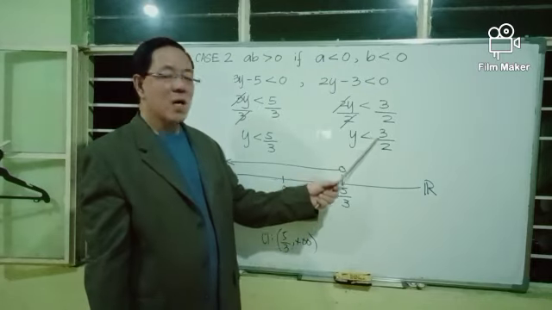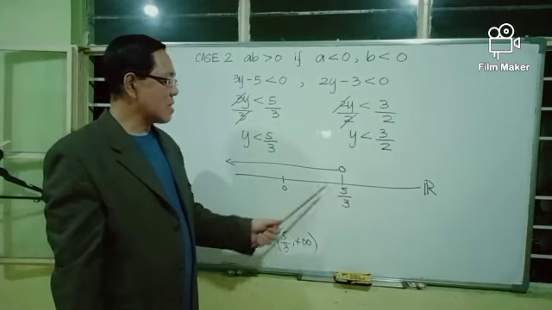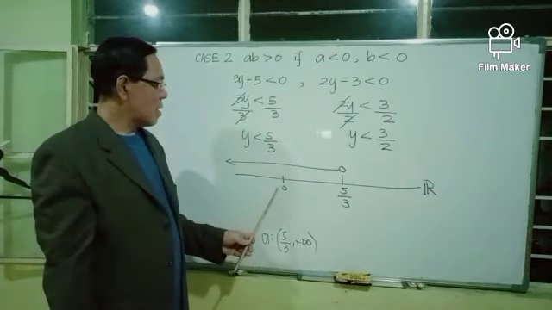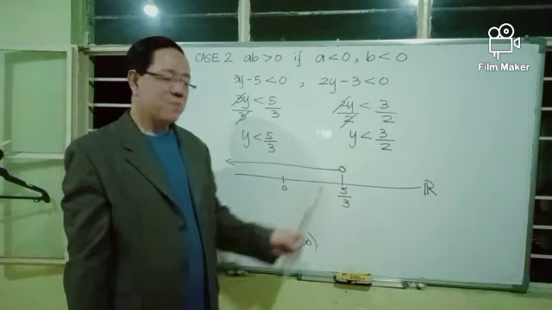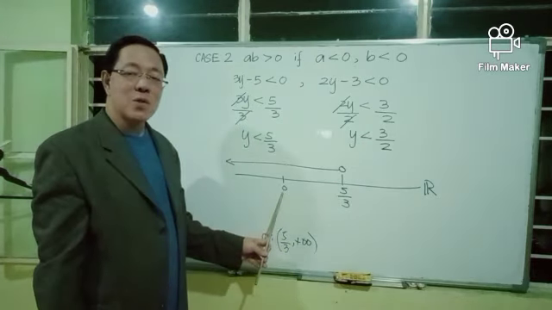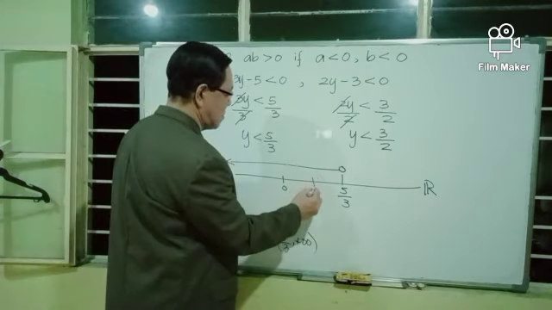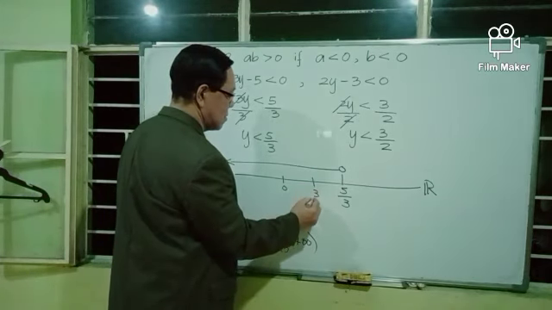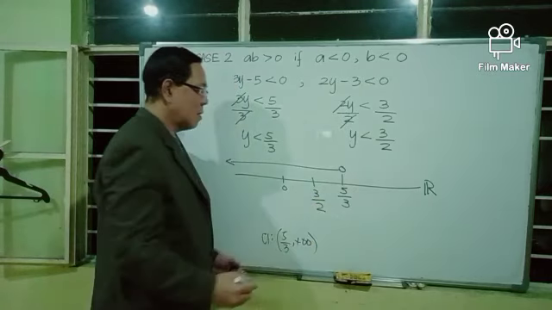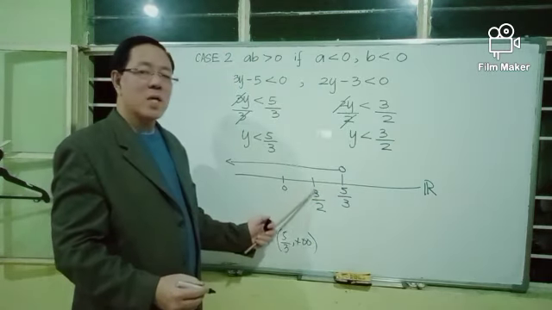And we locate 3 over 2. 3 over 2 is less than 5 over 3. And we approximate 3 over 2. That's a real number to the right of the origin, or 0. Suppose this is the point 3 over 2.